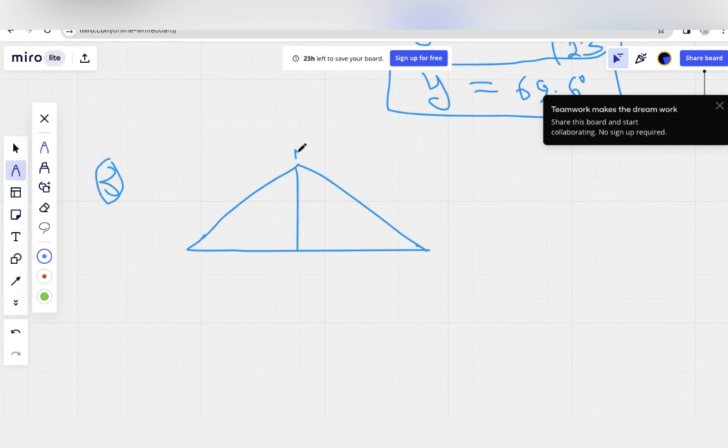This is B. This is C. This is D. Obviously A.